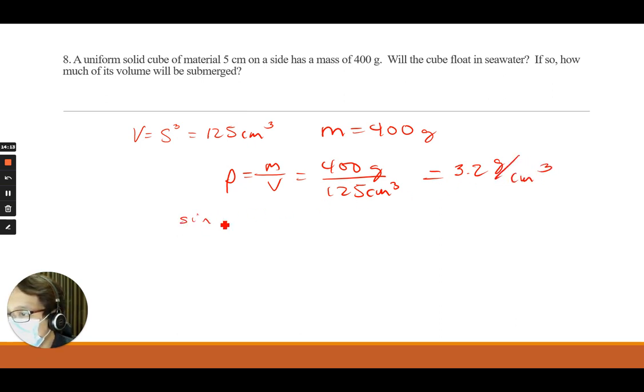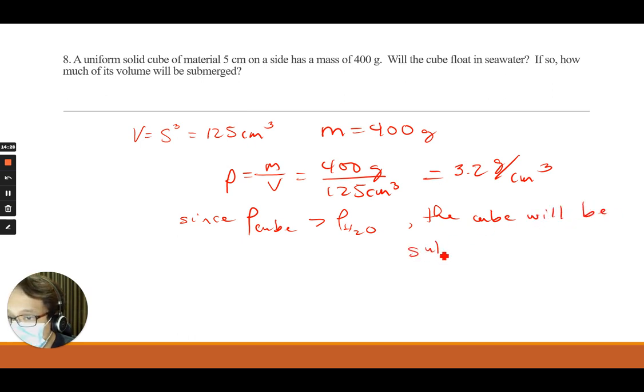Now, since the density of the cube is greater than the density of water, okay, the cube will be submerged 100%. Okay, so totally submerged siya. So the volume submerged will be 100%. Okay?